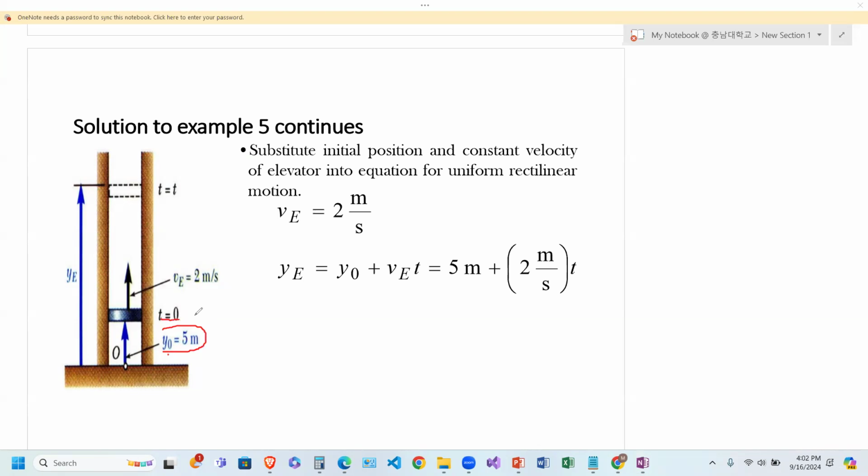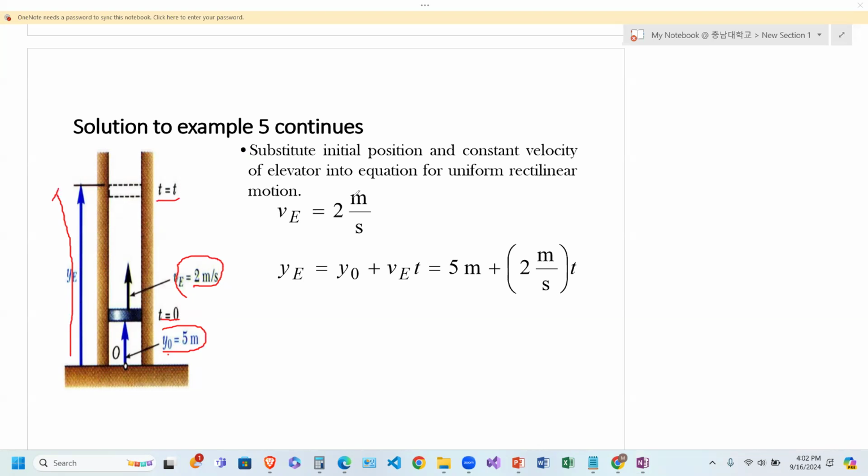They also told us the elevator was moving with 2 meters per second. Now we need to find this distance where they met with the ball, which is YE, at a time t.